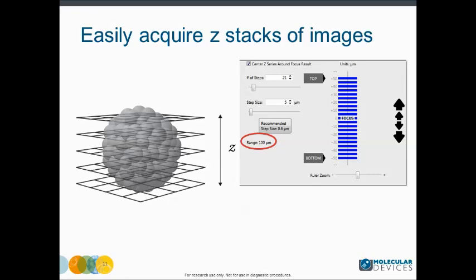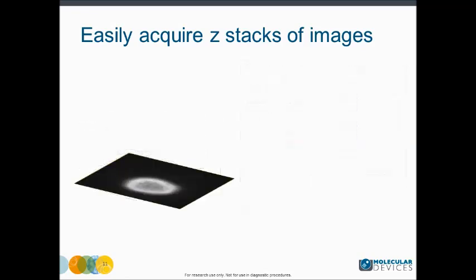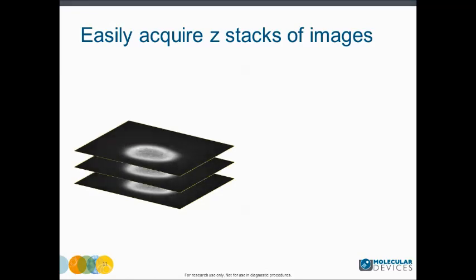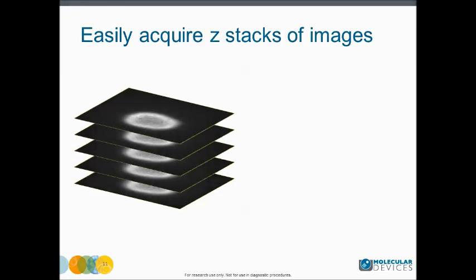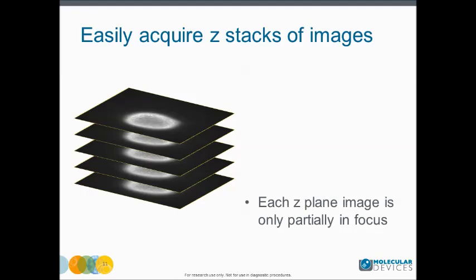You can change the acquisition parameters by typing in a number or by dragging the top or bottom points on the ruler, and the numbers will be updated. To make it easy, these adjustments can be made while you're looking at the spheroid in live acquisition mode. You may notice that in the different planes some cells are in focus, while other areas are out of focus.